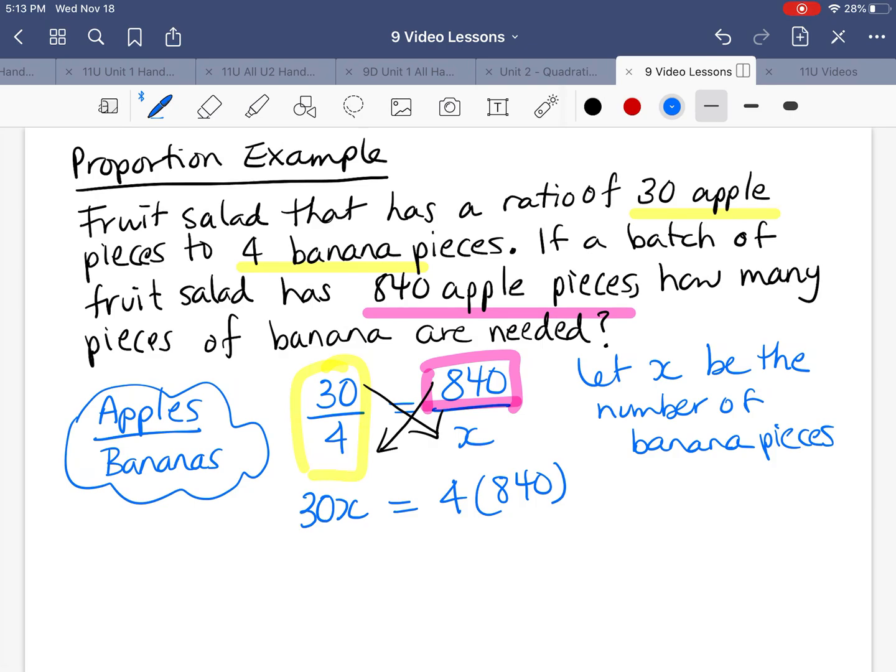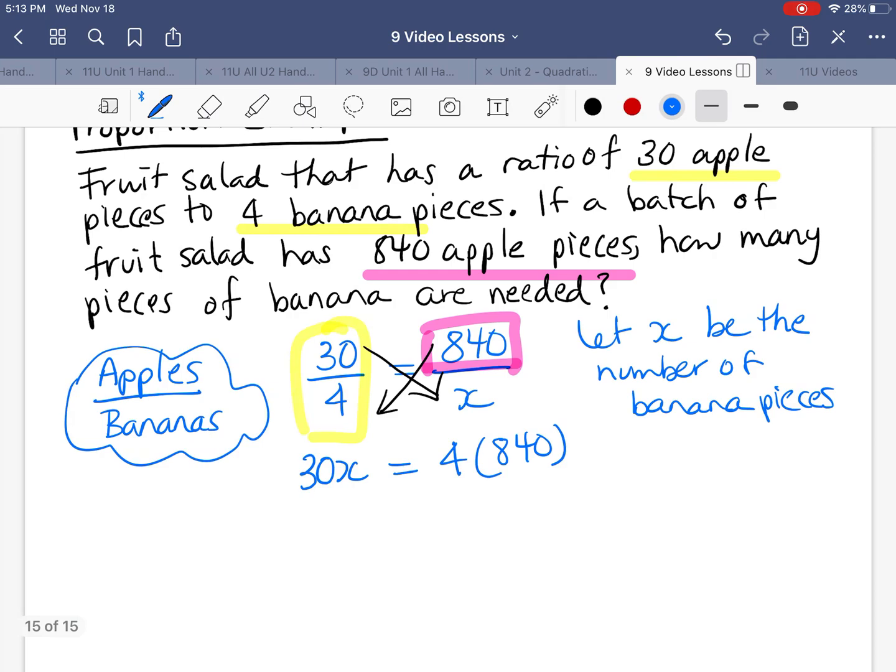We would still be following BEDMAS, and this just gives us a little bit of a shortcut. And later on, we will be getting into solving equations, and we will be using strategies such as this and beyond. So 30 times X is going to be equal to 3,360, because that's what 4 times 840 is.